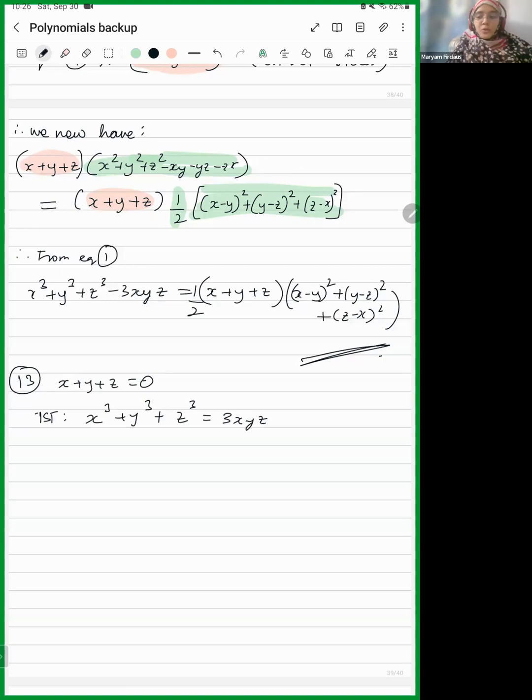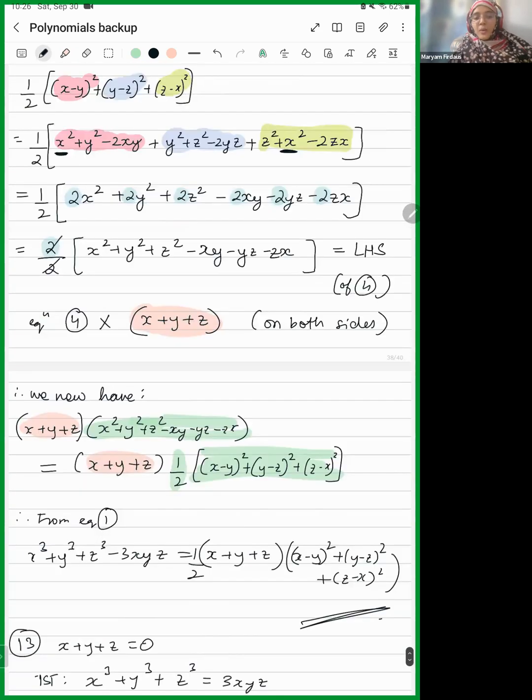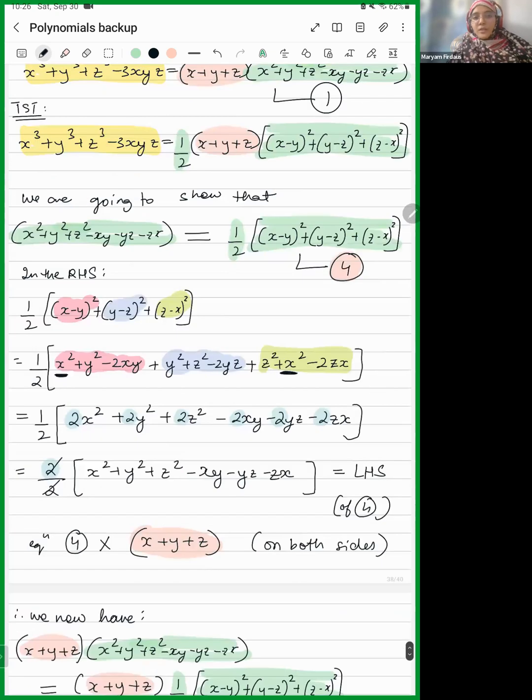So you just have to remember it to such an extent that when a question is being asked, even without the identity being shown, you can just apply it. So the moment you see x cube plus y cube plus z cube, and you see this thing, 3xyz, what comes to your mind? This identity, the equation number 1 that we have written over here.